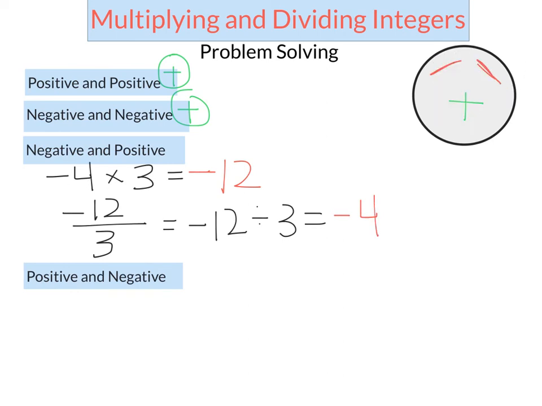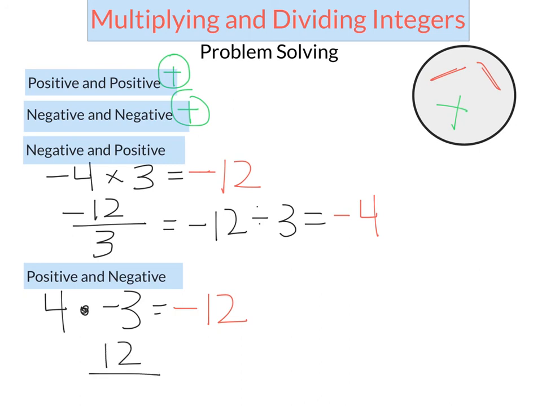Now let's try positive and negative numbers. If I have a positive 4 times -3, I'm going to use Dozy Man and cross out my positive and my negative. I'm left over with a negative sign, which means my answer is going to be -12. If I have 12 divided by -3, remember this is written as 12 divided by -3, I'm going to cross out what I have.